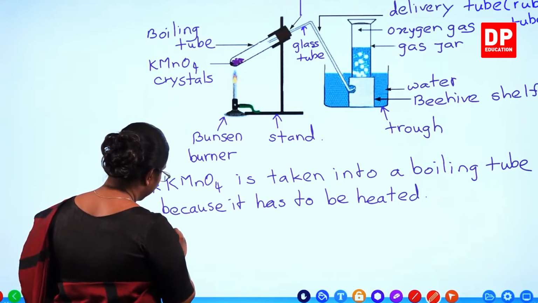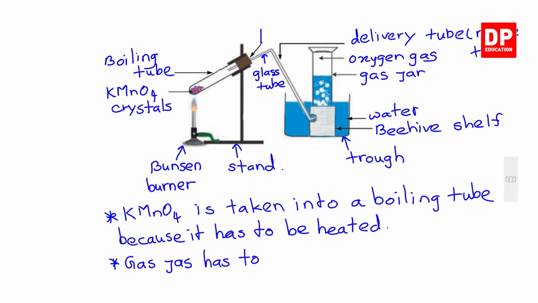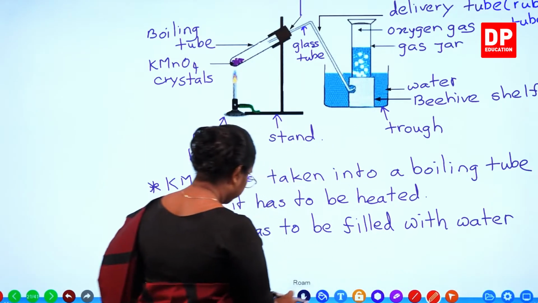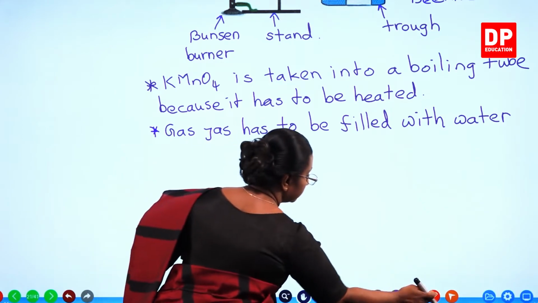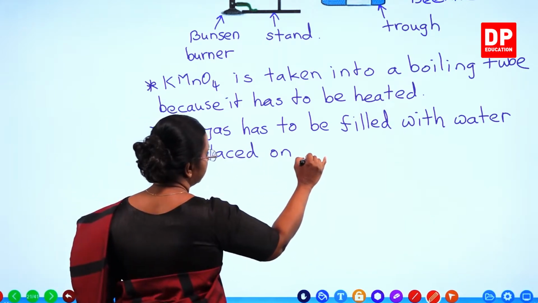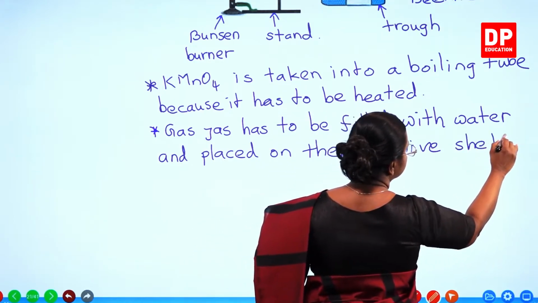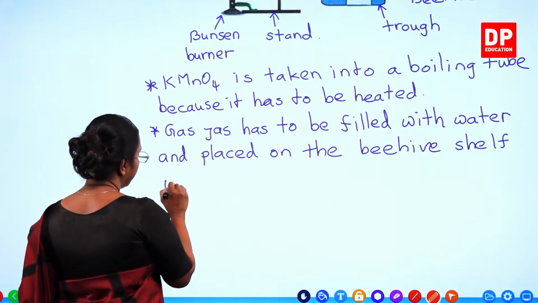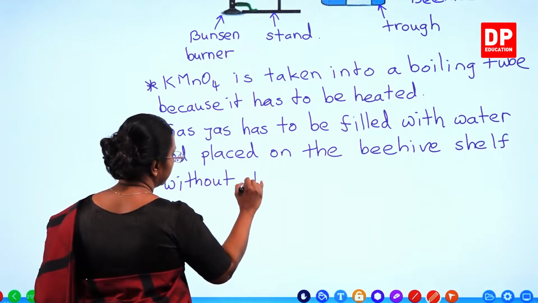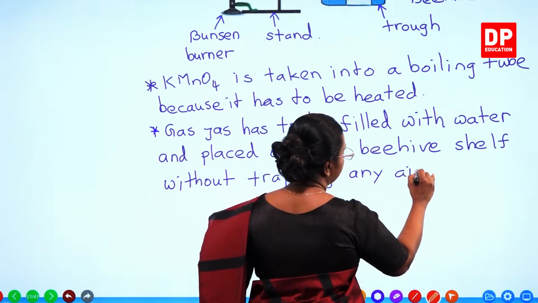Then the next one, gas jar has to be filled with water and placed on the beehive shelf without trapping any air bubbles.